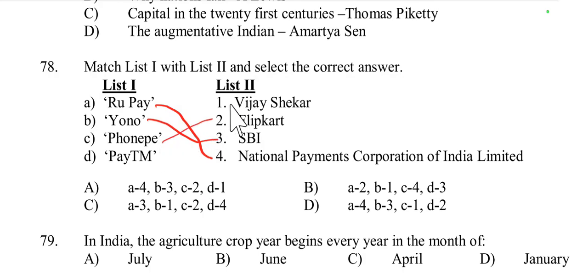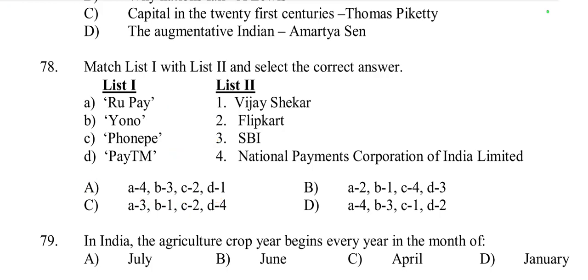Then Paytm was introduced by Vijay Shekhar. So first one, A for RuPay, National Payments Corporation of India. Then B3, Yono SBI, Yono introduced by SBI. Then C2, PhonePe by Flipkart and Paytm by Vijay Shekhar. So option A is right here.